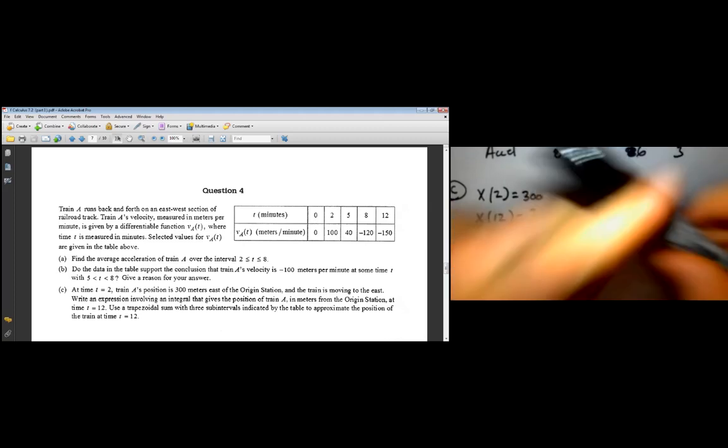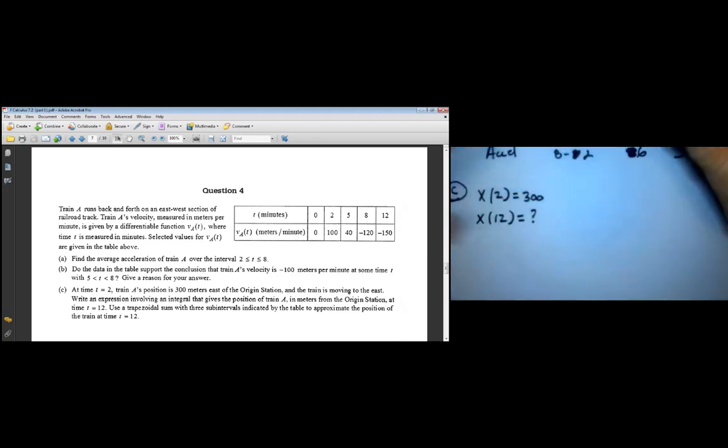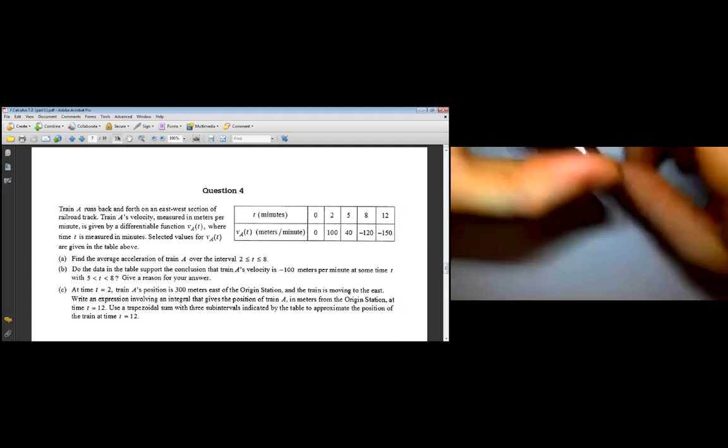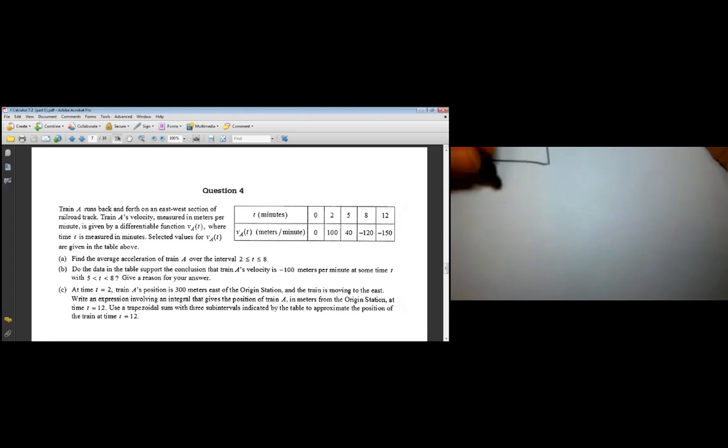Okay, who wants to try it and talk me through it? It's okay to be wrong. Somebody try it, talk to me. So first I started off with the integral of v of t, the velocity, with the bounds 2 and 12.